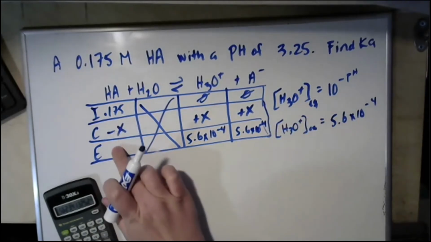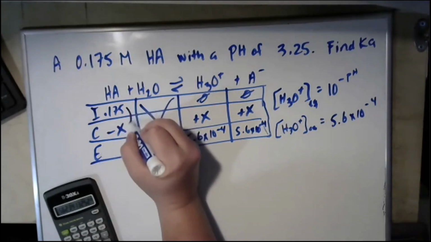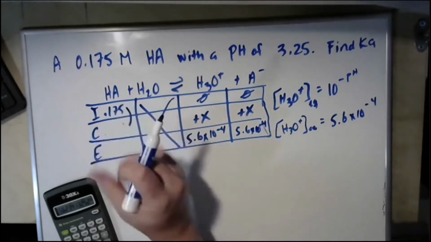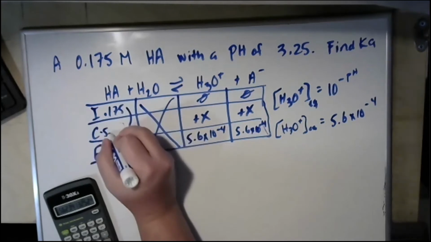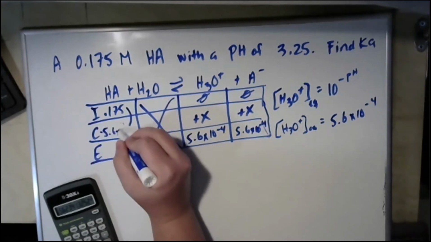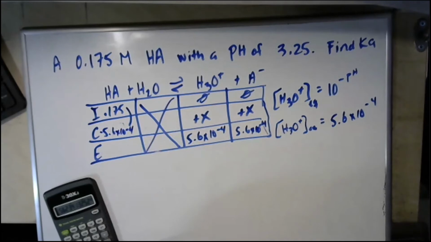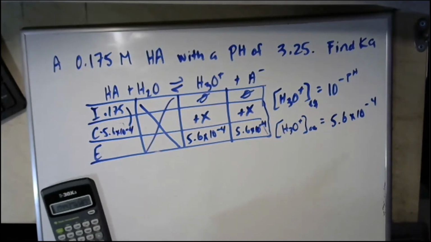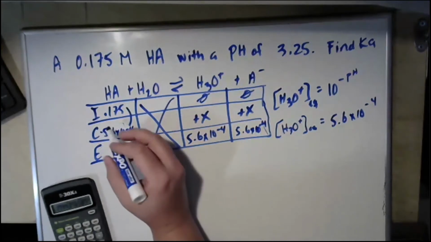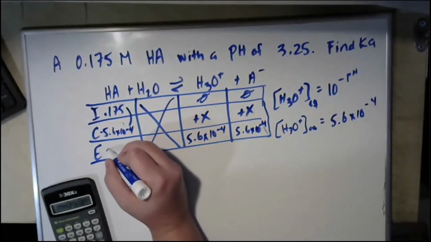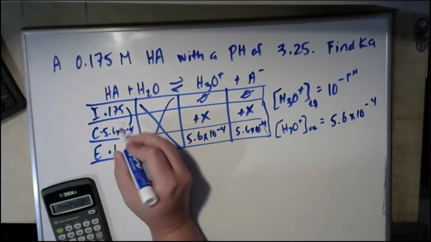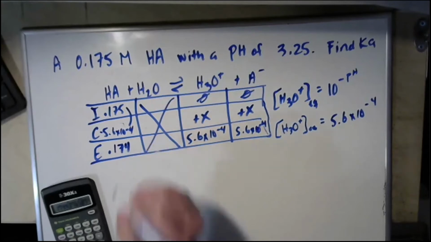Okay, and then this value is going to be 0.175 minus 5.6 times 10 to the minus 4, and we get 0.174.